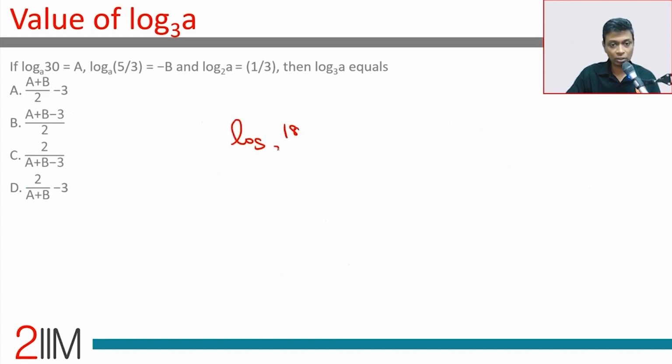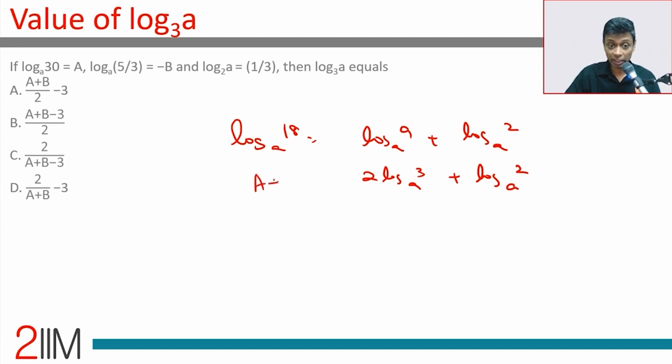Log 18 to the base a is log 9 to the base a plus log 2 to the base a, or 2 times log 3 to the base a plus log 2 to the base a. Lovely. Log 18 to the base a is a plus b.